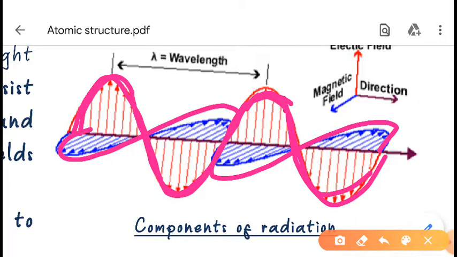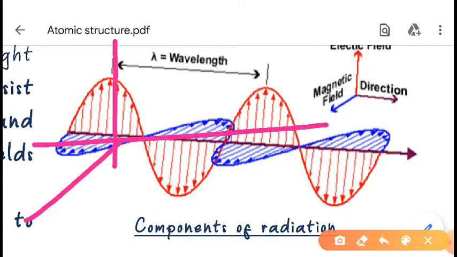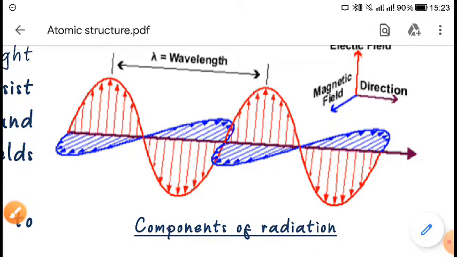Because you can easily see here which axis is which: this is the x axis, this is the y axis, and this one is the z axis. Okay, I will draw it nicely. You can see here like this.